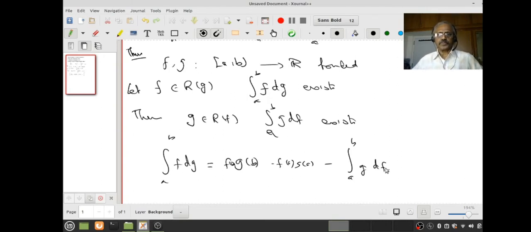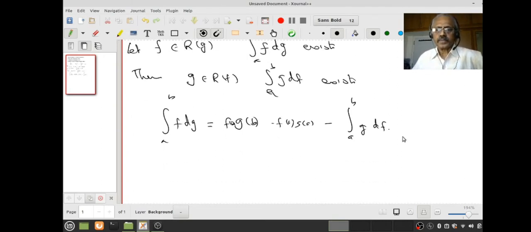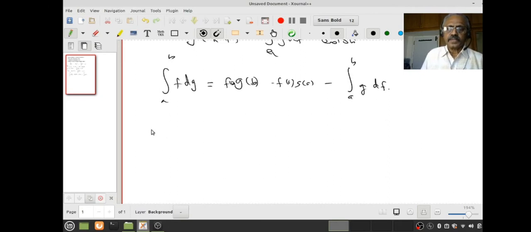This is what we want to prove. One sometimes writes it in a symmetric way: the integral from a to b of f dg plus the integral from a to b of g df equals fg at b minus fg at a. Anyway, notice that this is a complete symmetry.